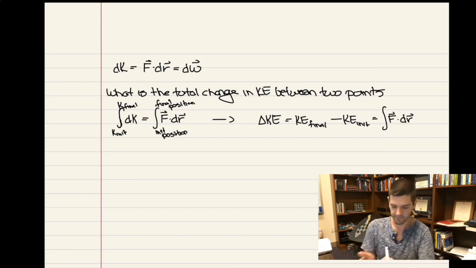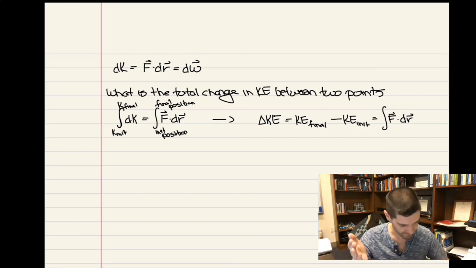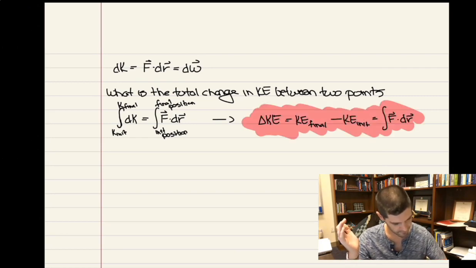I add up all the forces that are acting in the direction of motion, all those little bits of work. And then if I get that, that tells me exactly how my kinetic energy changes. The kinetic energy changes because of the total work being done on the object. This definitely deserves a highlight.